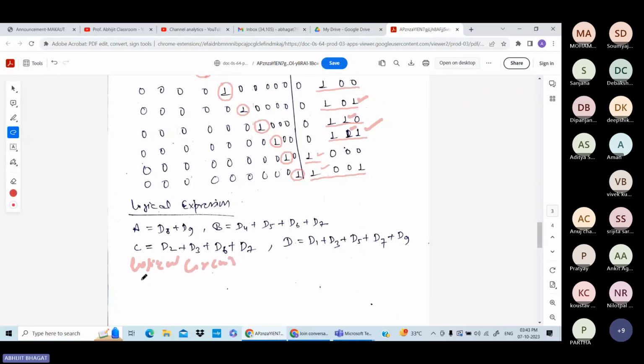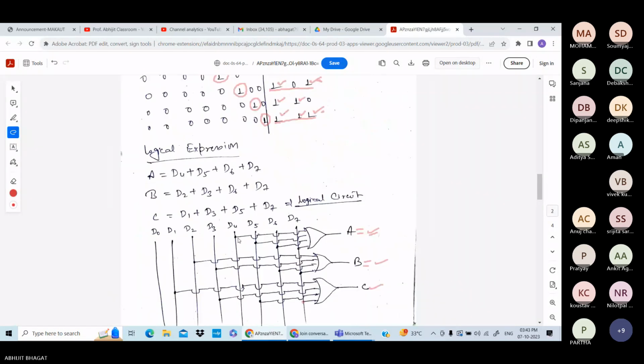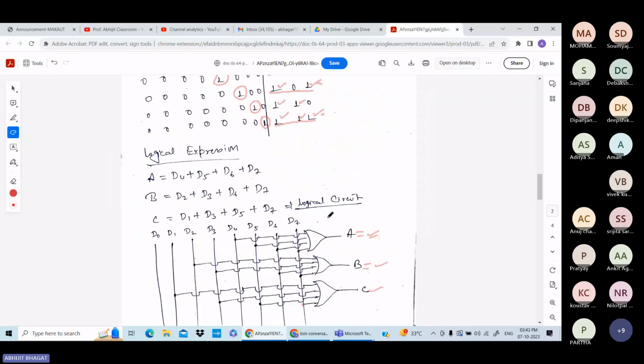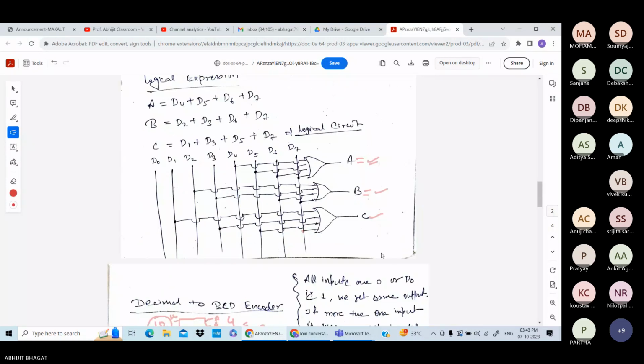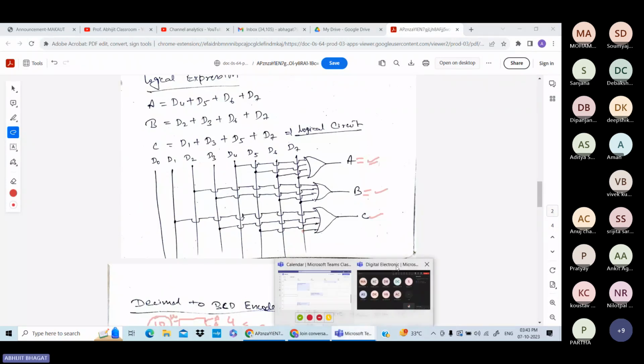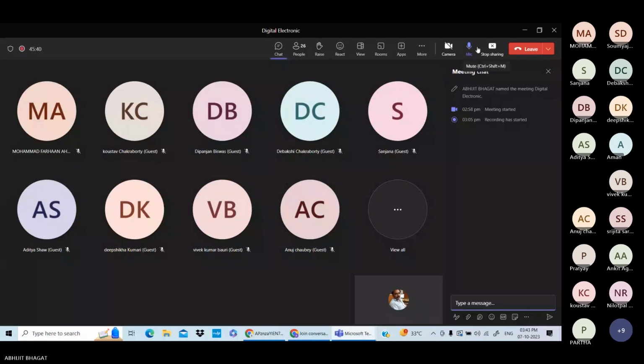All of you draw the logical circuit in the same manner: D0 to D9, then here A, B, C, D. Whatever expression you are getting, depending on that expression, you can draw the logical circuit. I think it is clear to all of you up to this. Yes, no? Yes, sir.